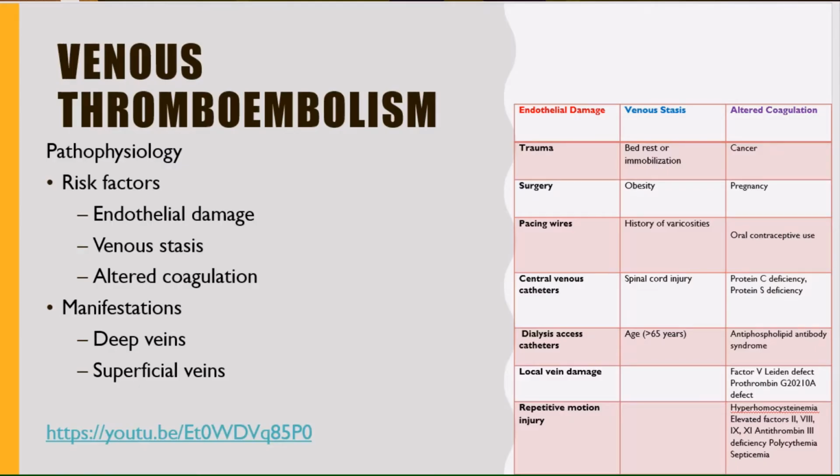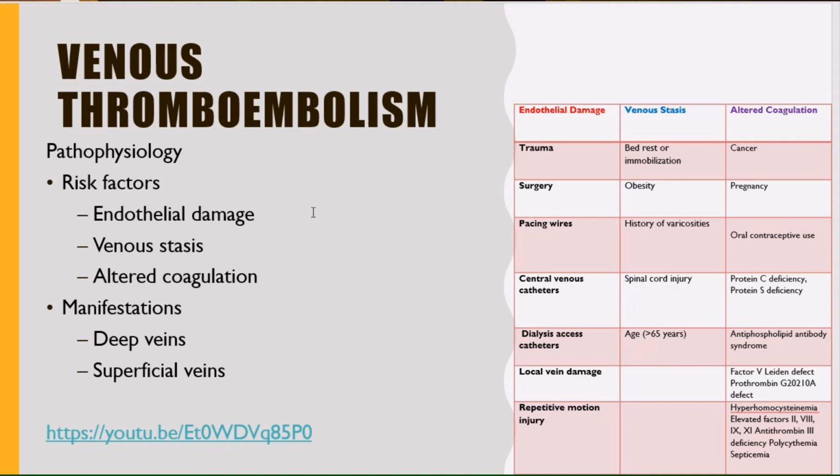The venous thromboembolism pathophysiology: there's really no one reason or risk factor. There are different risk factors that can be divided into three. That is Virchow's triad, which includes three main risk factors that can lead to venous thromboembolism.